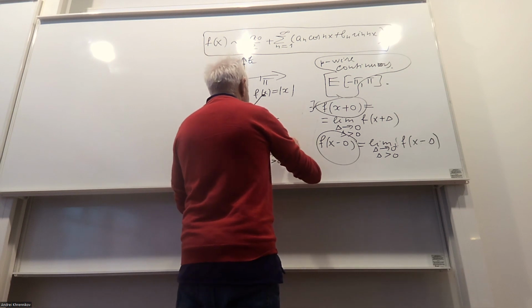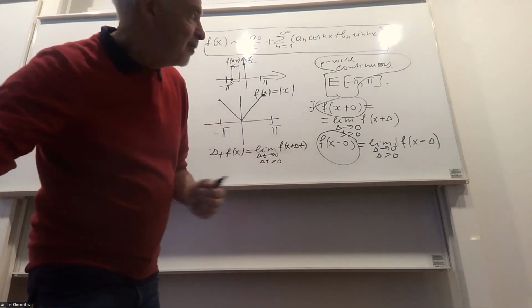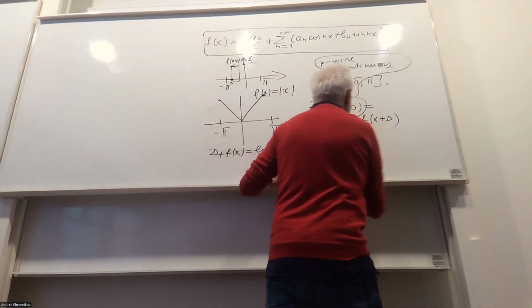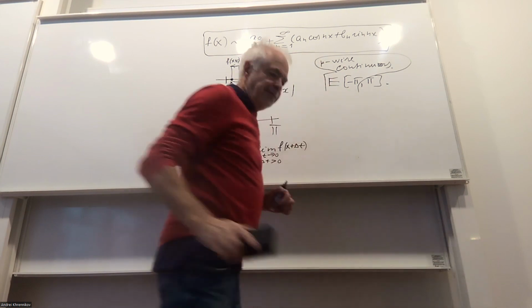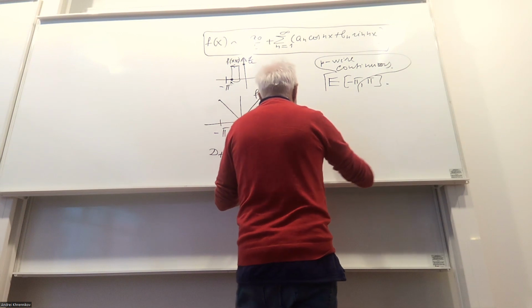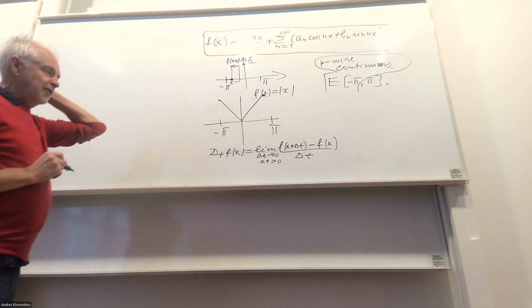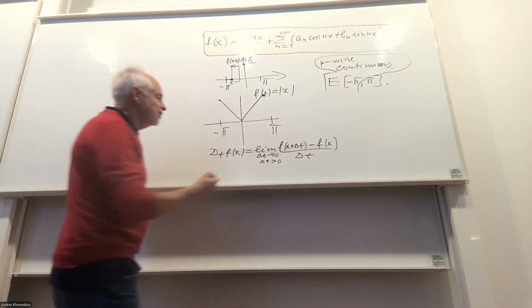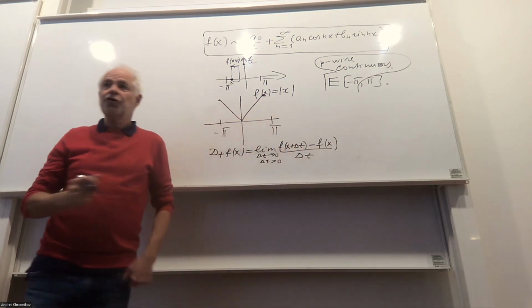So here you have f(x plus delta t), more or less as before for the derivative, minus f(x), divided by delta t. So we go to x from this side, with the usual definition of derivative.